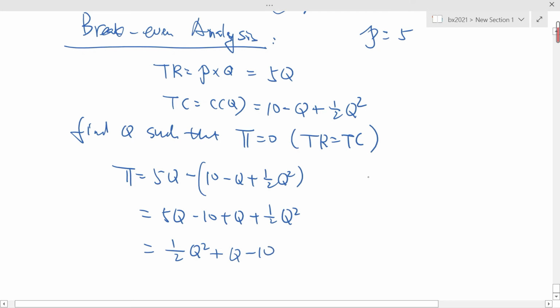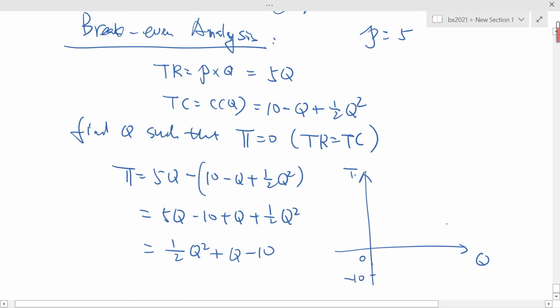We can actually draw this function, pi of q. If q is equal to 0, pi is negative 10.